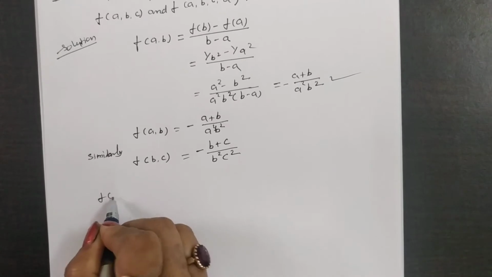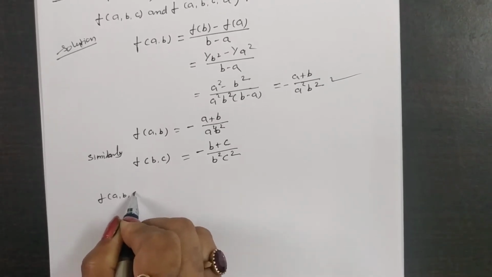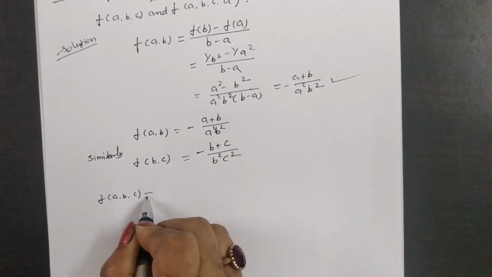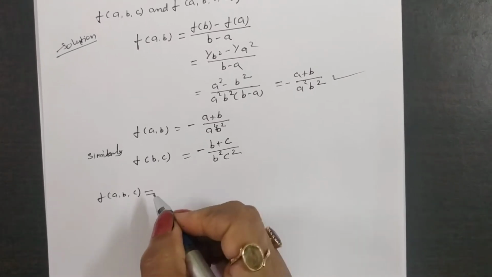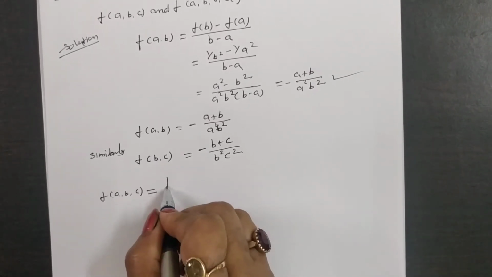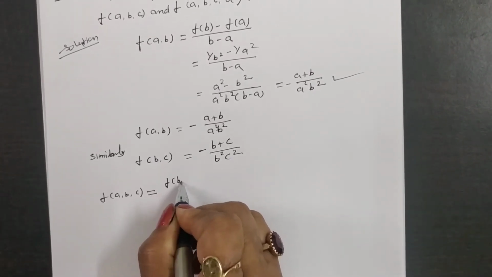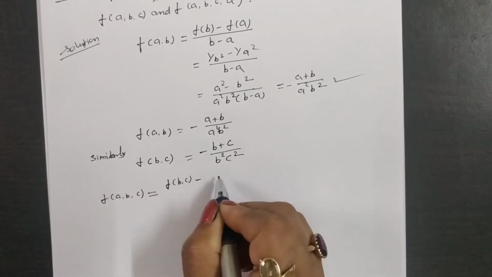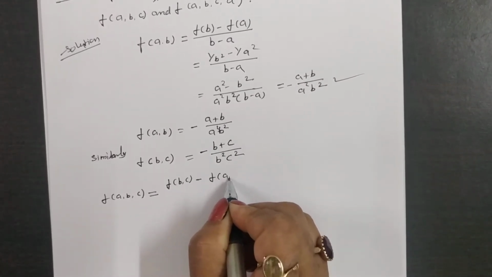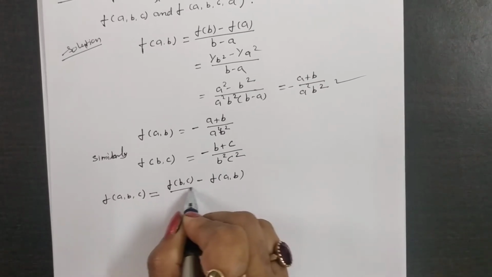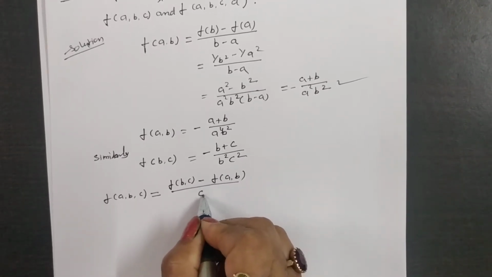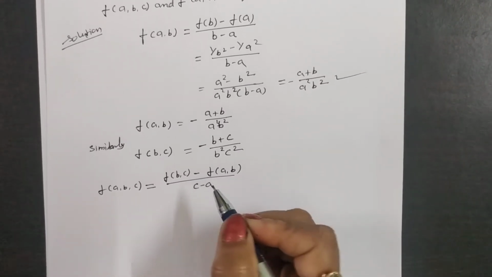Now f[a,b,c], operating with the definition of the divided difference operator, is f[b,c] minus f[a,b], divided by c minus a. Clear?